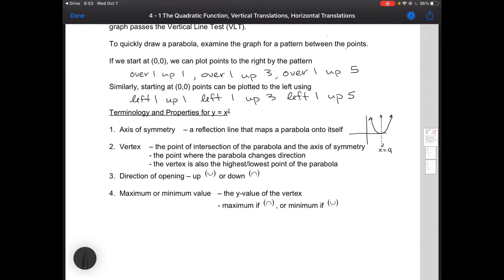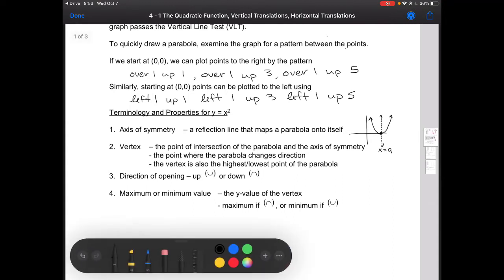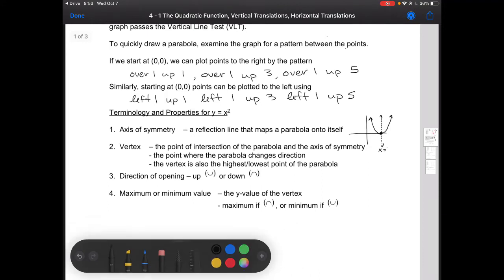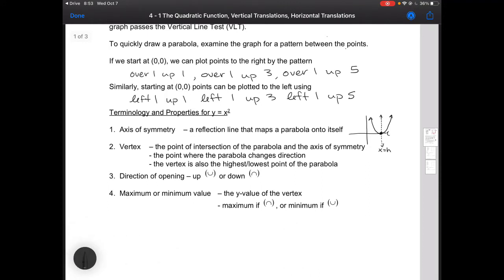The vertex is going to be the point of intersection of the parabola and the axis of symmetry. So that's right here, the vertex, and I'm just going to change this. I'm going to call the axis of symmetry x equals h, and the vertex, I'm going to use the coordinates h and k. The vertex is also the point where the parabola changes direction, and it's the highest or lowest point of the parabola.